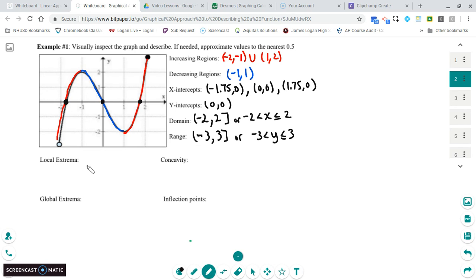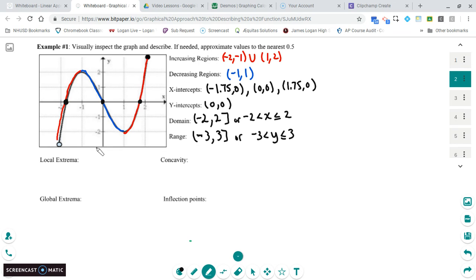All right, local extrema. Remember that those are locations of any peaks and valleys or endpoints within a region. So the local extrema here are, we do have an endpoint here, but it's not included in the domain, so it's not defined. We can't include that as a local extrema. However, we can include this endpoint, which is in the domain.